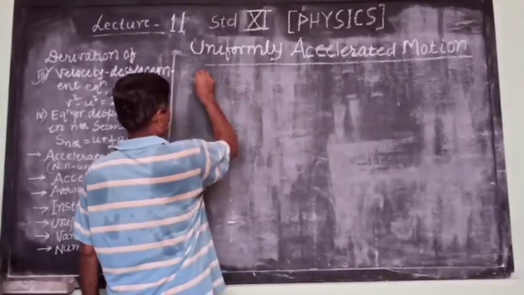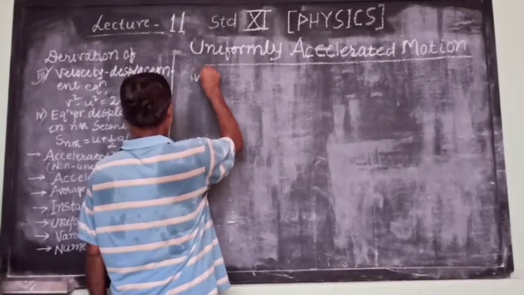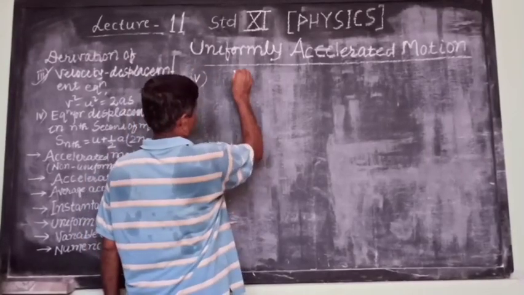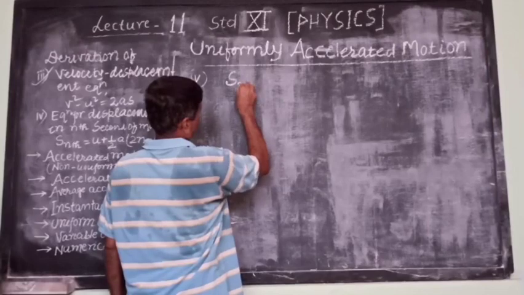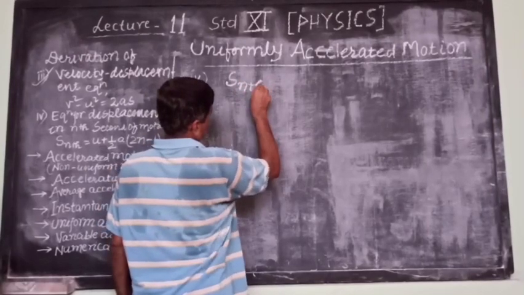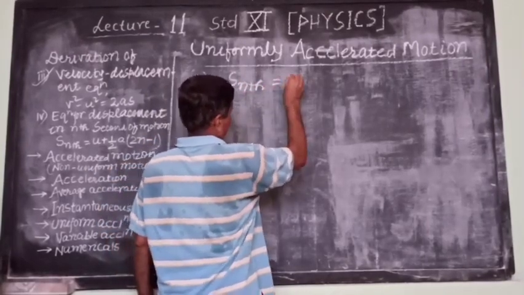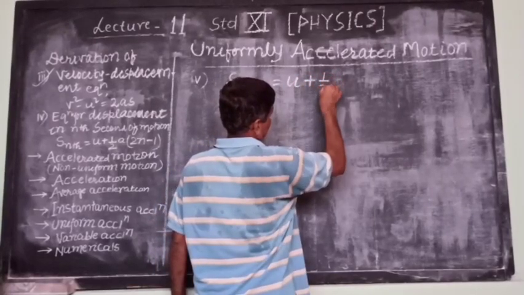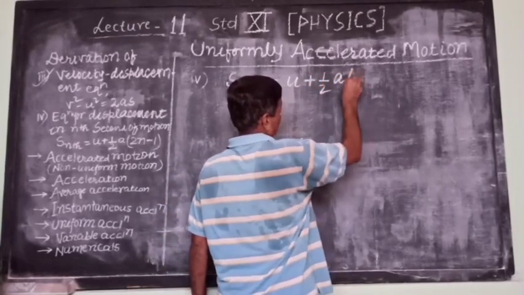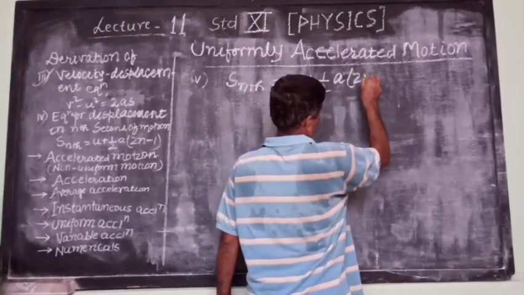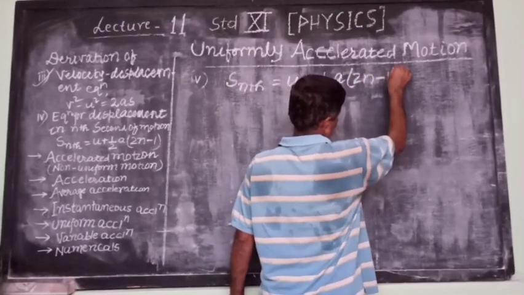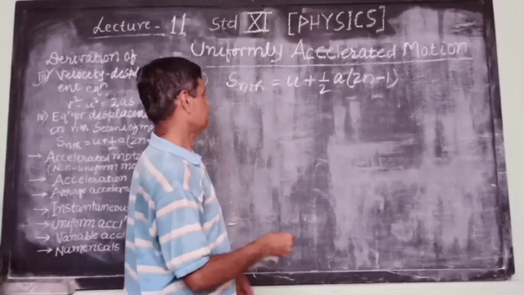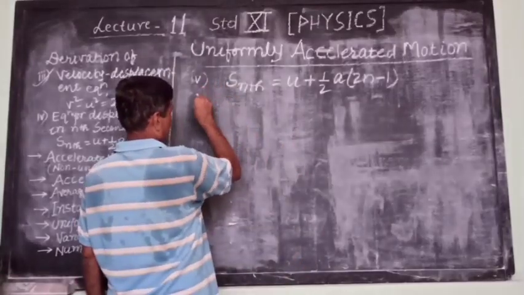It means the 4th formula we have to prove, s n is u plus half a into 2n minus 1. We have to prove it by the calculus method. Prove.